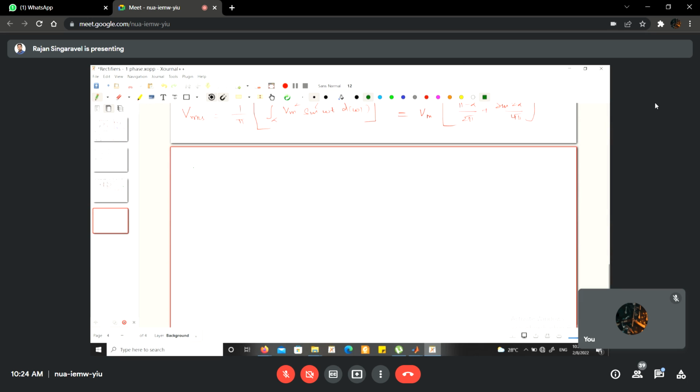So this is the full converter with RL load, right?